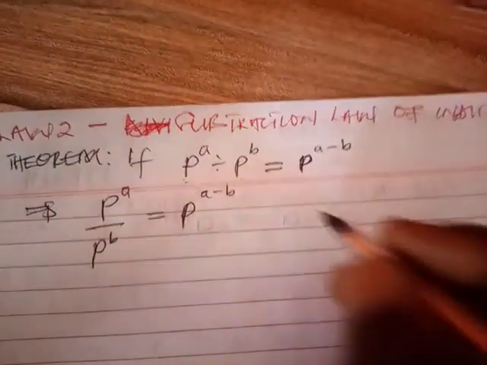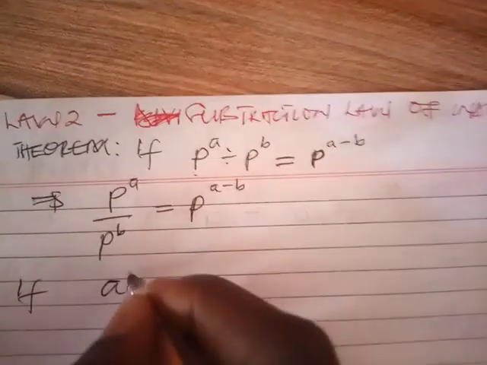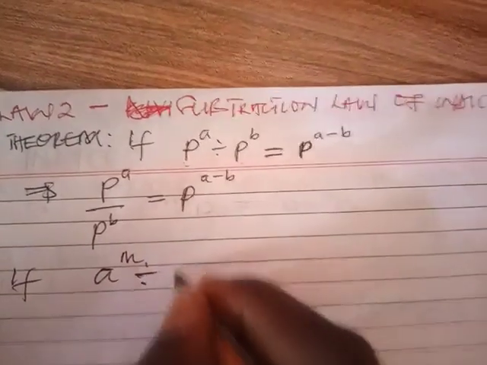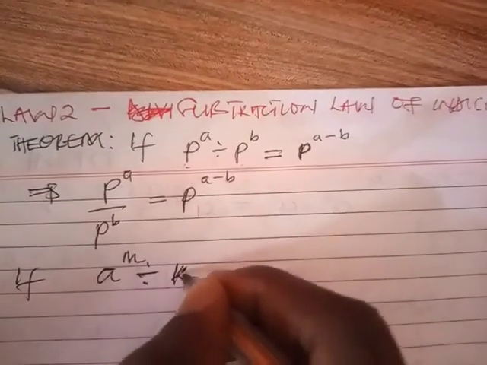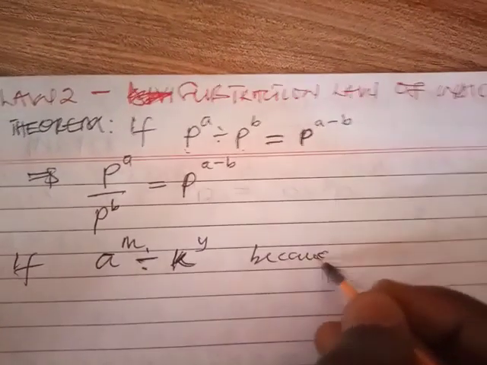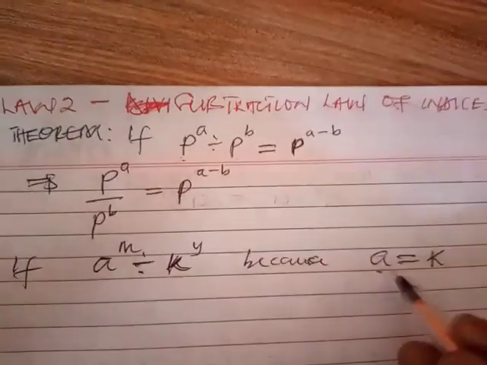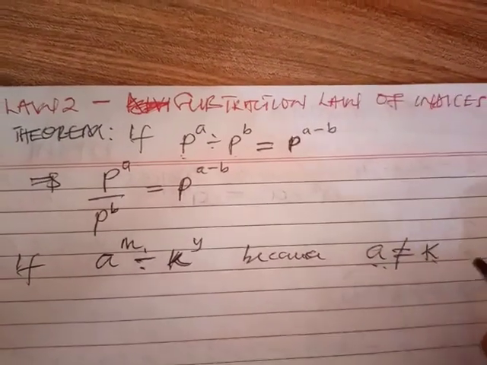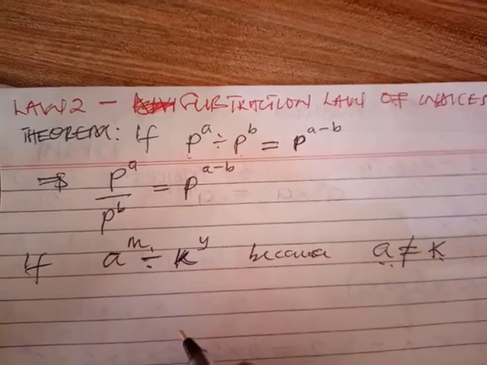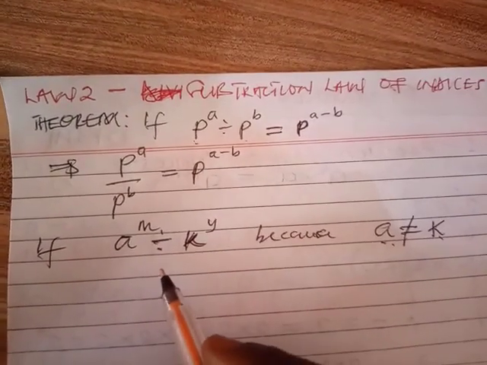So what they are trying to say is that if you have, let's say, a exponent m divided by k exponent y, because a is not the same as k, you can't subtract y from m. You can only subtract when you have equal bases.